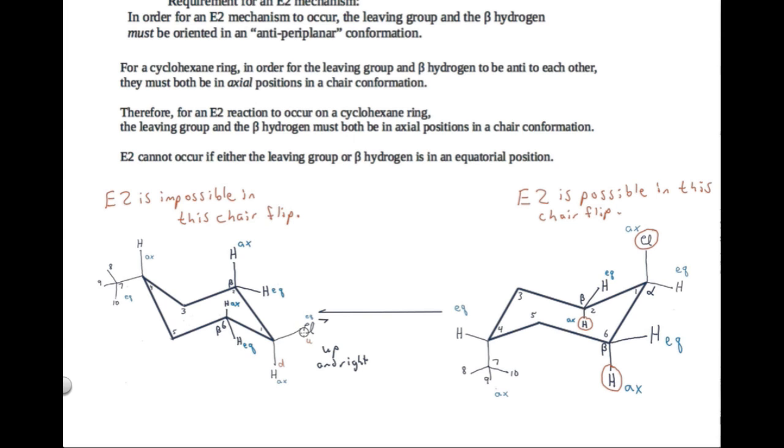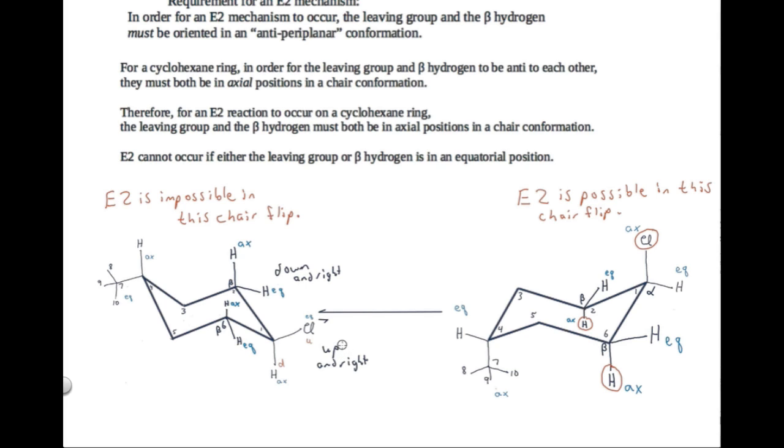Well, this bond is pointing straight up. That's not anti to up and right. This bond is pointing down, which is opposite to up, but it's pointing down and right. Down and right is not completely opposite to up and right.